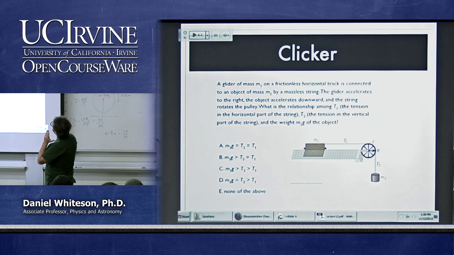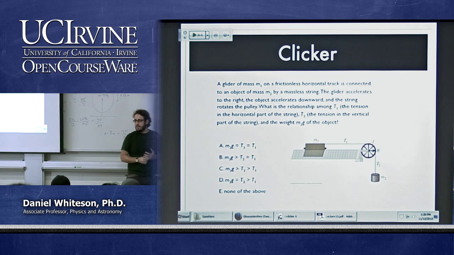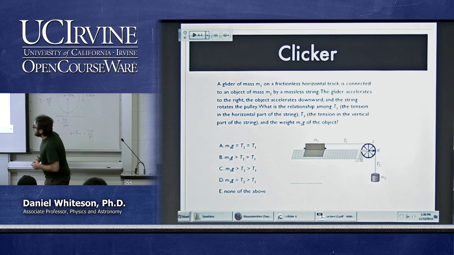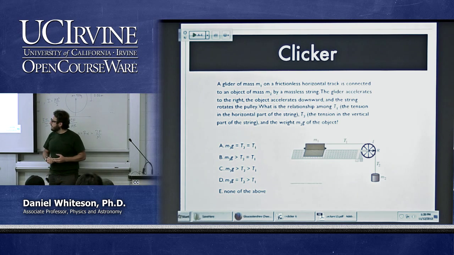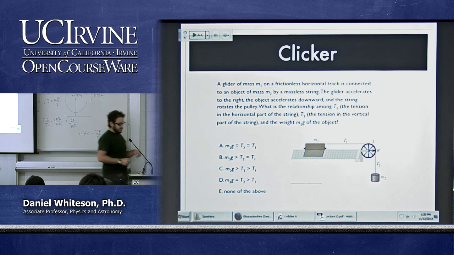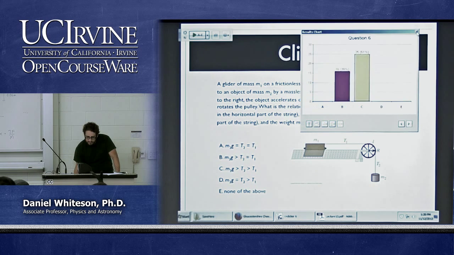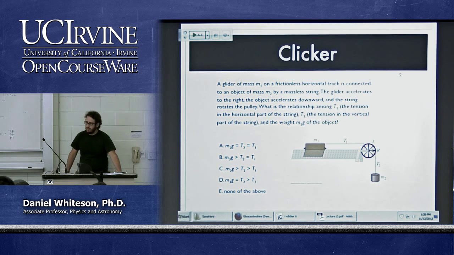It says, somewhere I can't find it, but the object accelerates downwards, okay? So T2 definitely has to be less than M2G, okay? So that leaves us with B, C, or E, right? Okay, so vote again, B, C, or E. The C's have it, but not by much.